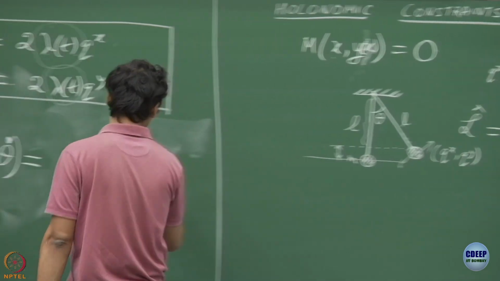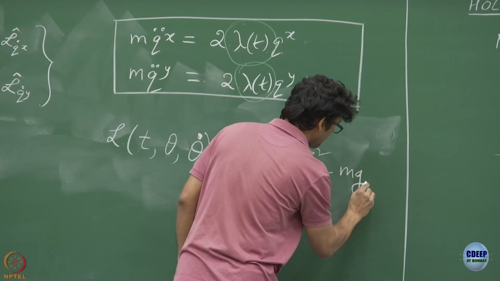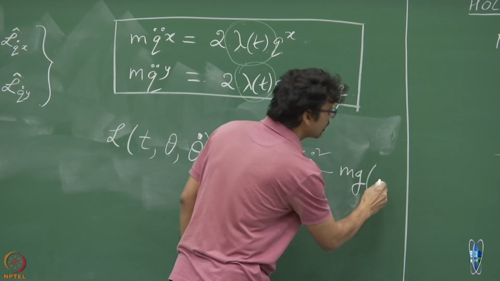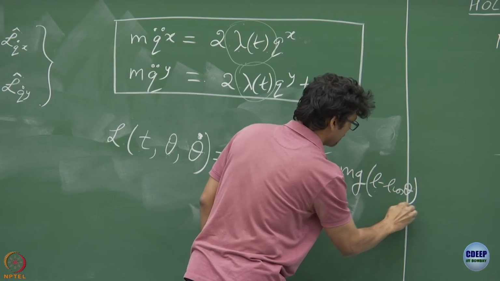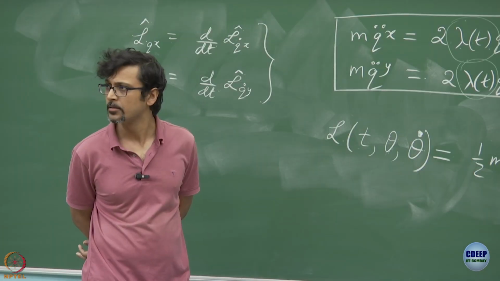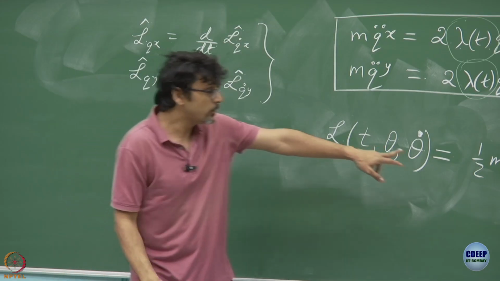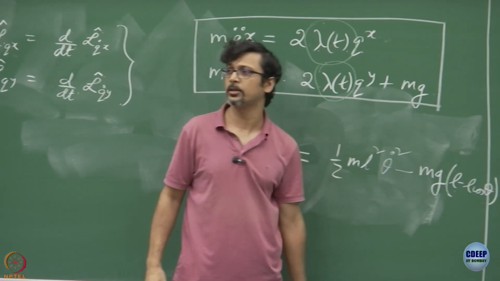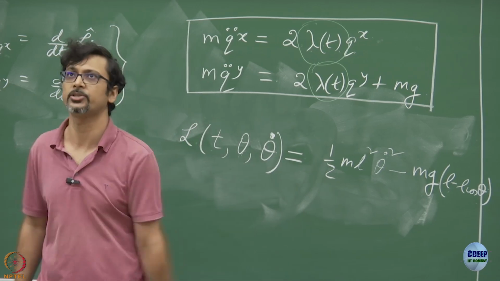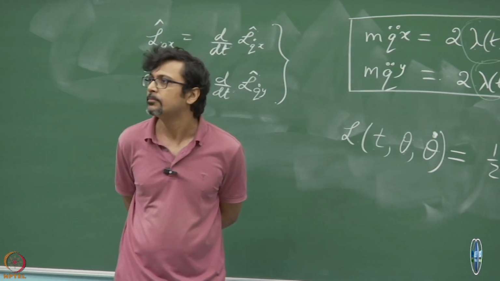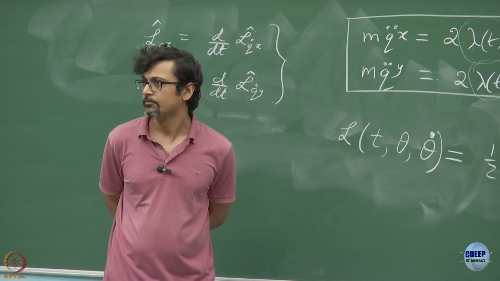So mg into L minus L cos theta. You don't need to account for it, the L is already accounting for the constraint. So therefore no Lagrange multiplier. That's exactly what I meant when I said that if you have holonomic constraints, this is a huge advantage.